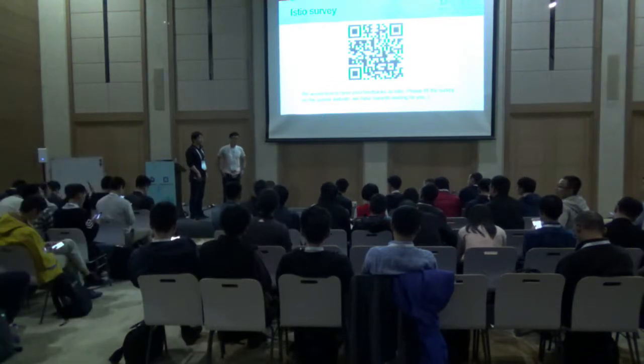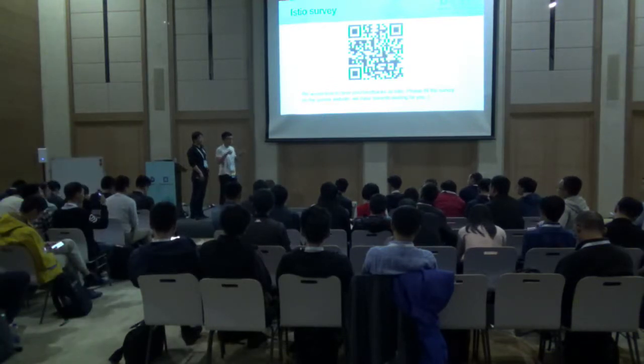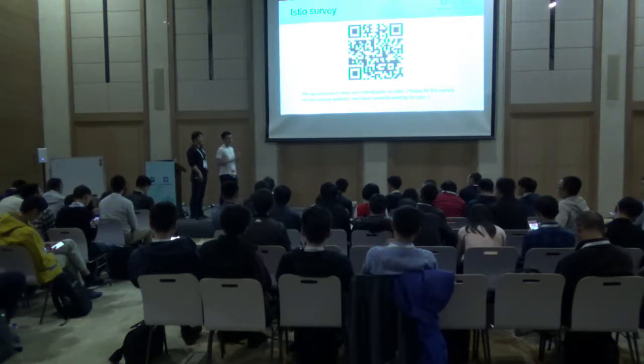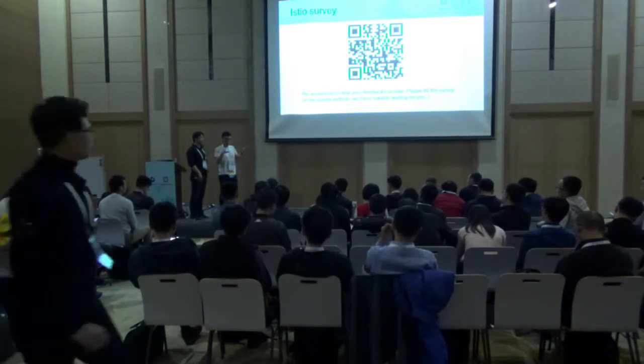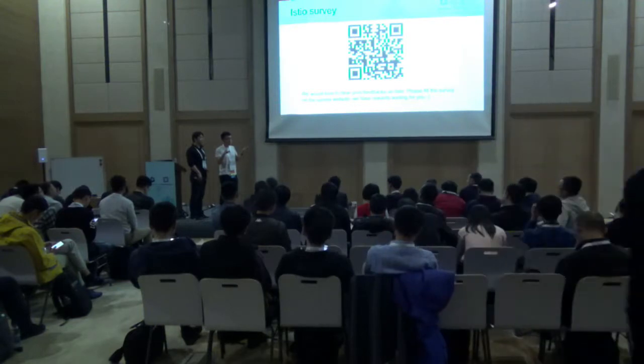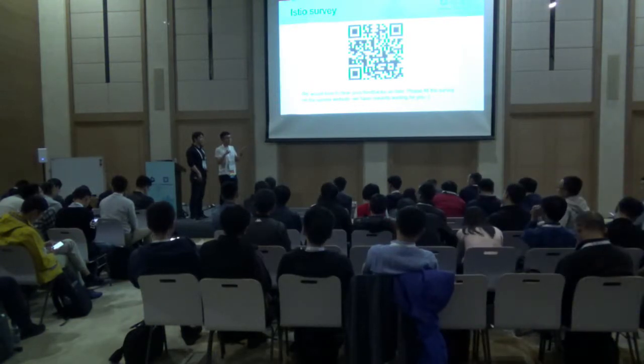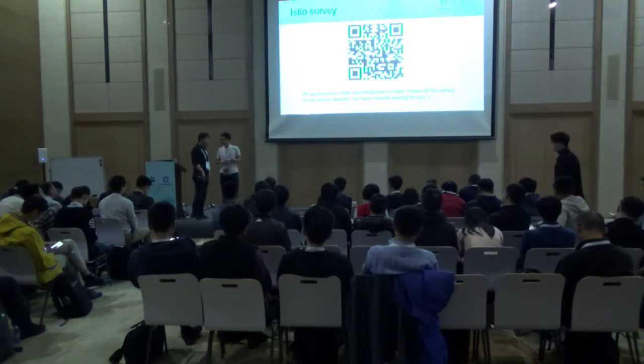So for the mutual TLS inside the cluster, we rely on the internal certificates, right? It's issued by the Citadel or your own CA if it integrates with Citadel. For the edge certificates, you could use the Citadel to sign that as well, but normally people don't do that.